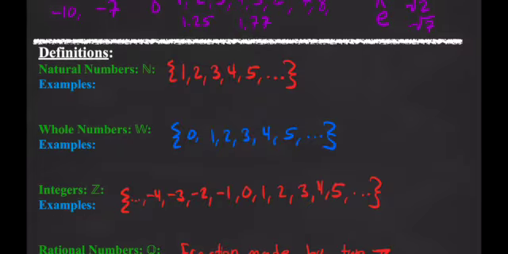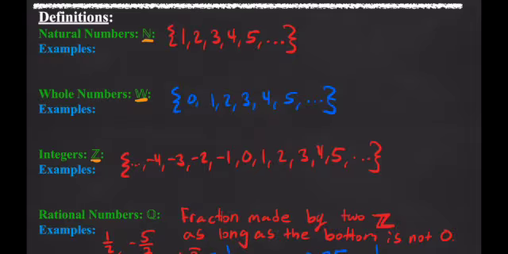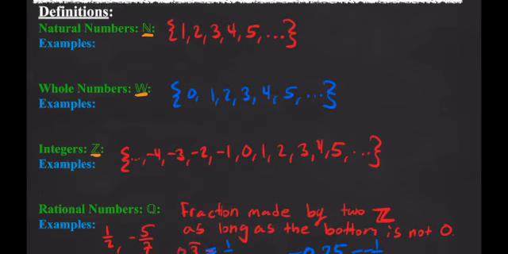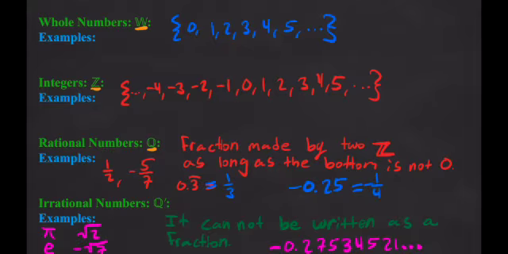By the way, let's take note of these symbols. Okay, so natural we put a N, a fancy little N. Whole number we put a W. Integers we use Z. And there is a reason behind that. Rational is Q. Irrational, they use Q, and then they put a little tick mark, a little prime mark there.